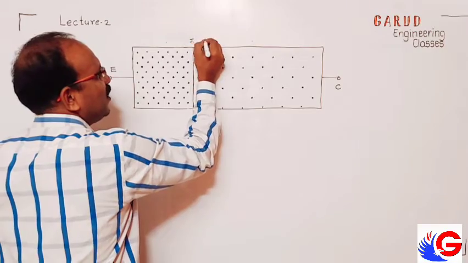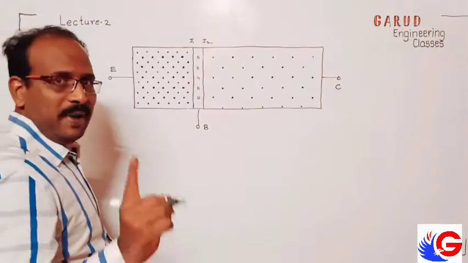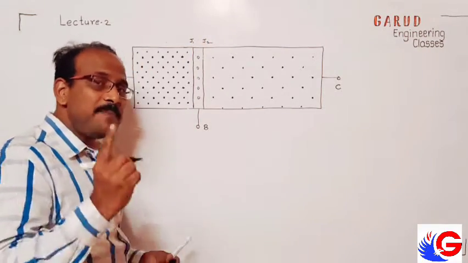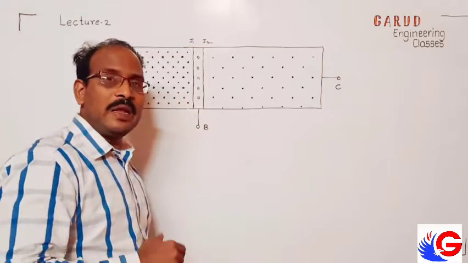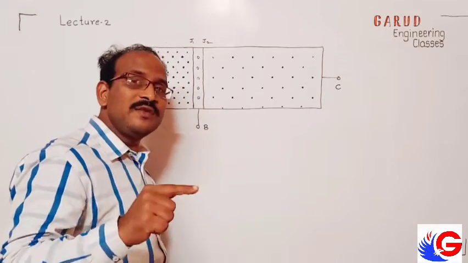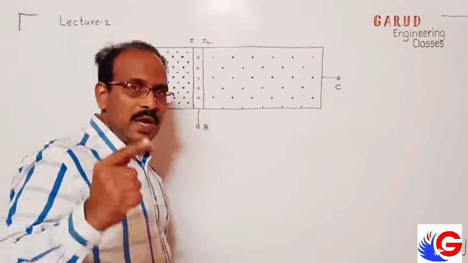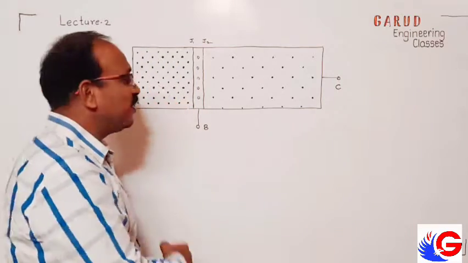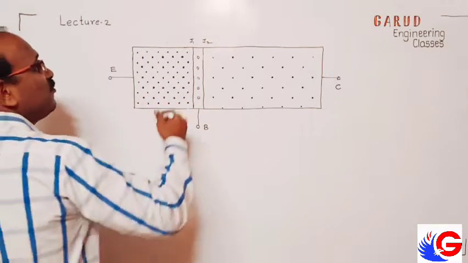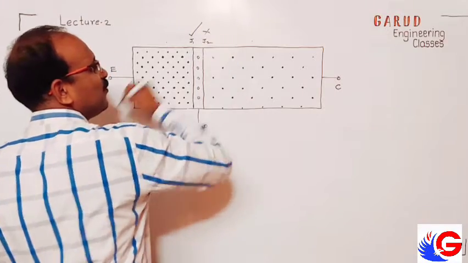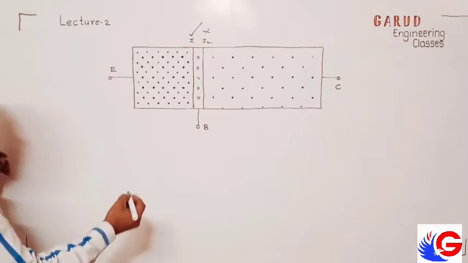Junction J1 and junction J2. To keep the transistor in the active region, as I told in AE, we are going to see the transistor in the active region only. So in AE, to keep the transistor in the active region, the input junction should be forward biased and the other junction should be reverse biased. Okay, so how to make forward bias?